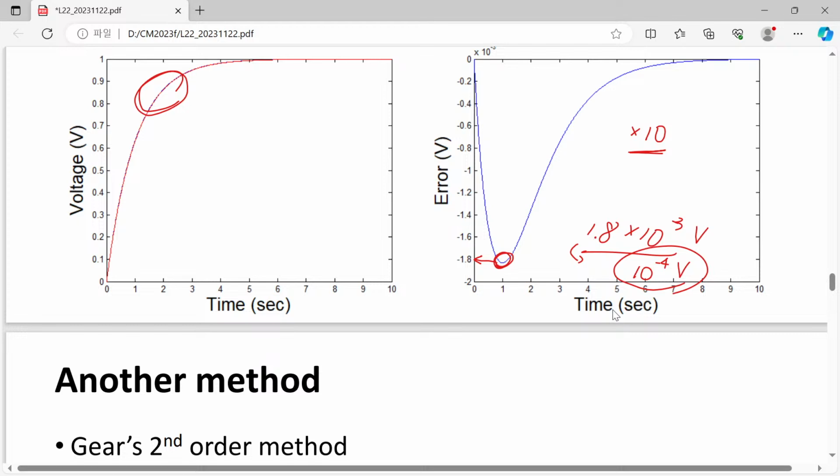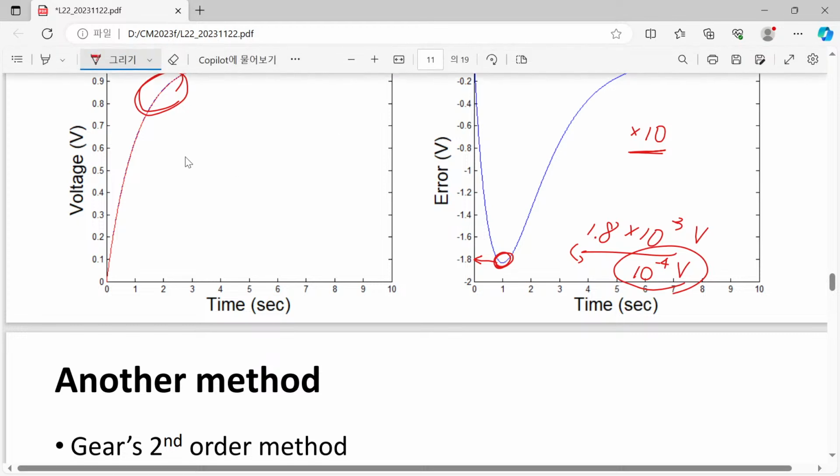So then let me just tell you the reality, the practice. How about the use of backward Euler? Even when you use a commercial TCAD simulator, there is an option for using the backward Euler model. So this is really being used in reality. But if you need higher accuracy, then you want to avoid the use of backward Euler.